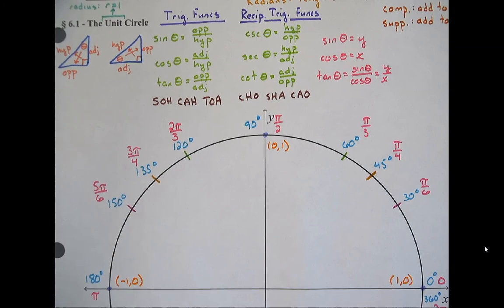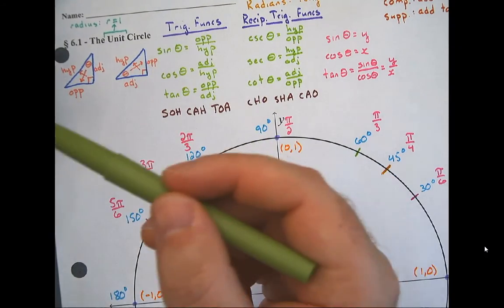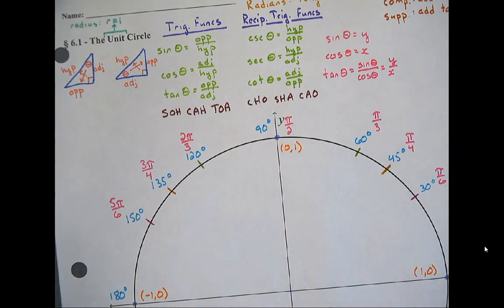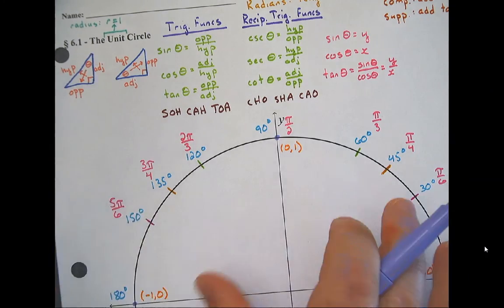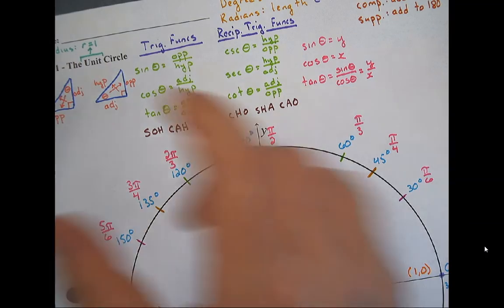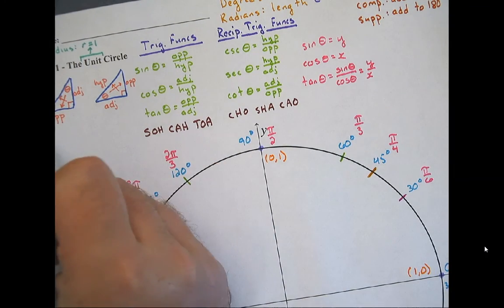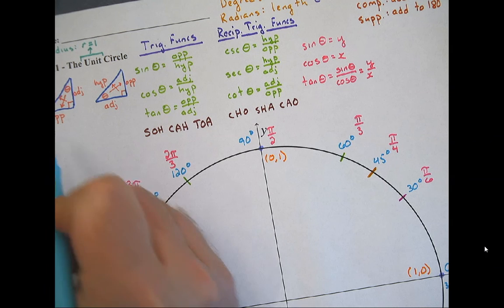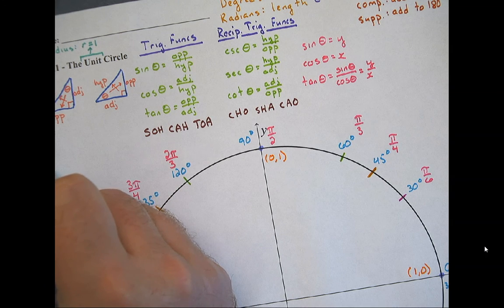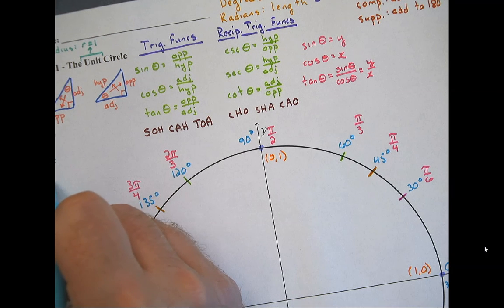Okay, so let's make a little chart. And our little chart is going to say degrees, radians, sine of theta.